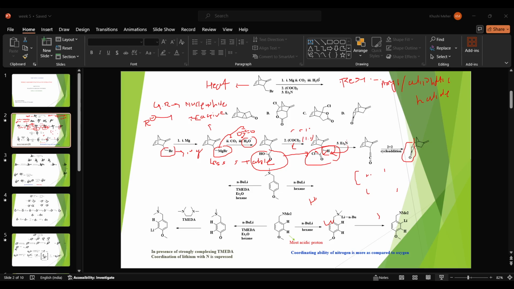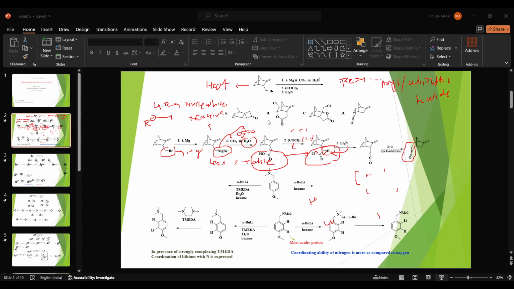After that we have DMF, N,N-dimethylformamide. Then the carbanion will attack our DMF and we'll get the corresponding aldehyde, and this group will leave, and we'll get the corresponding formylation.